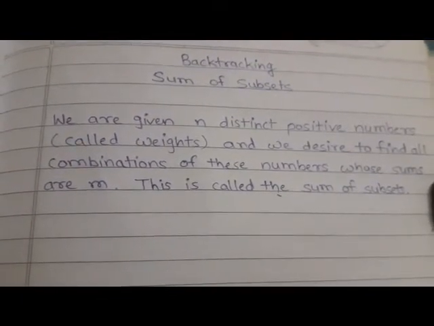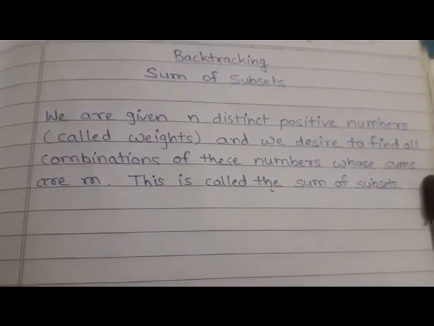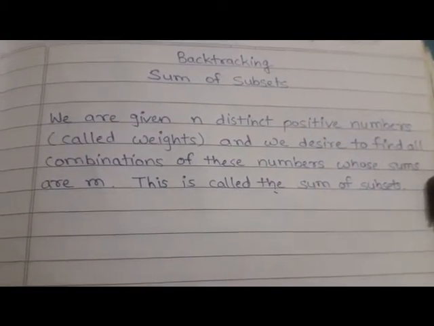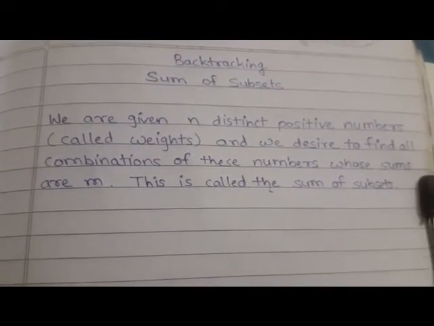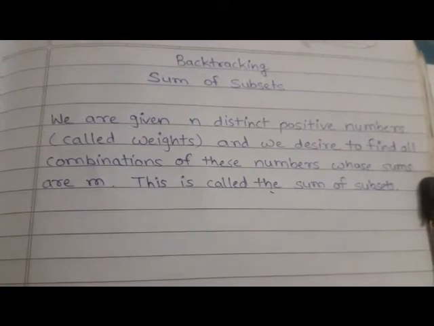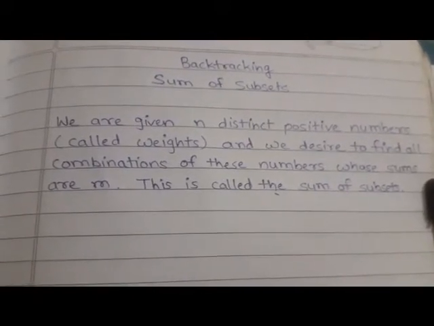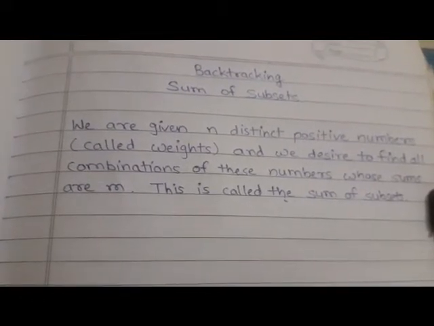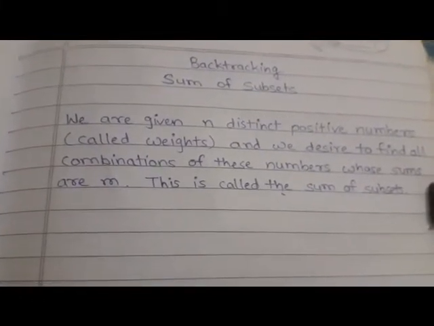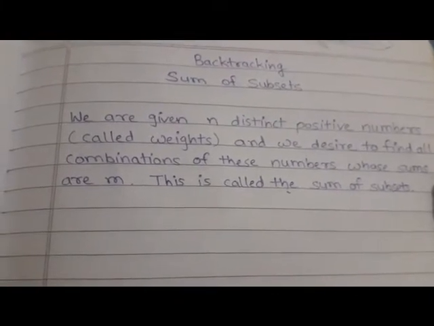Here we are given n distinct positive numbers, called weights, and we desire to find all combinations of these numbers whose sums are m. This is called sum of subsets.